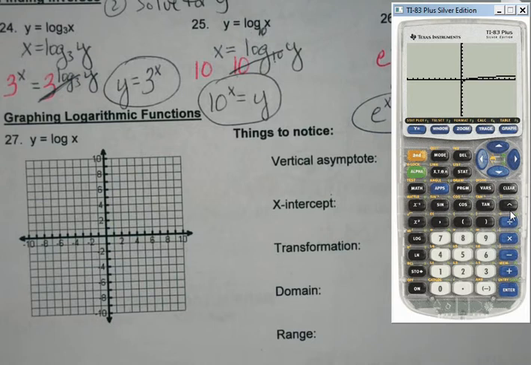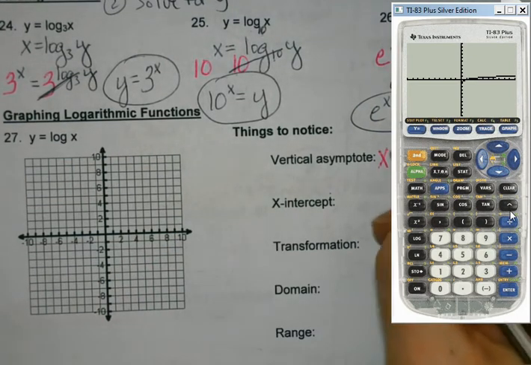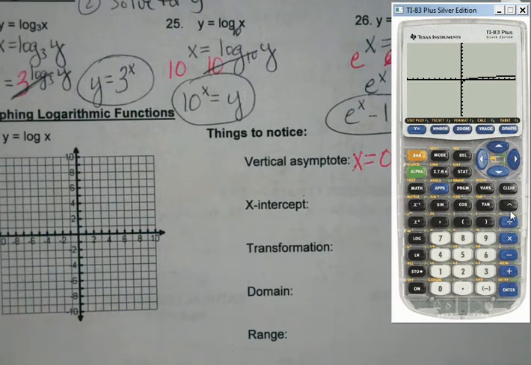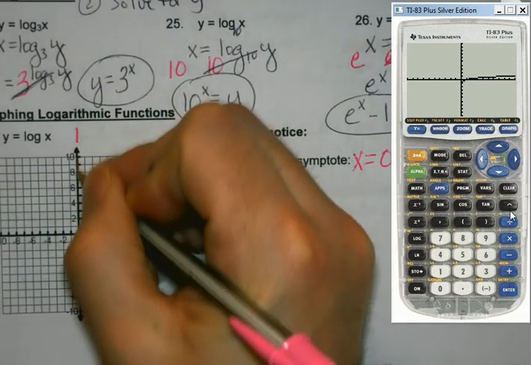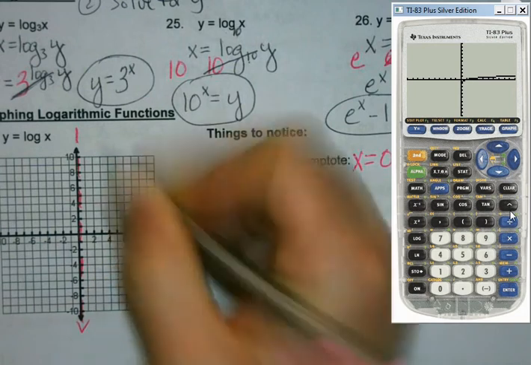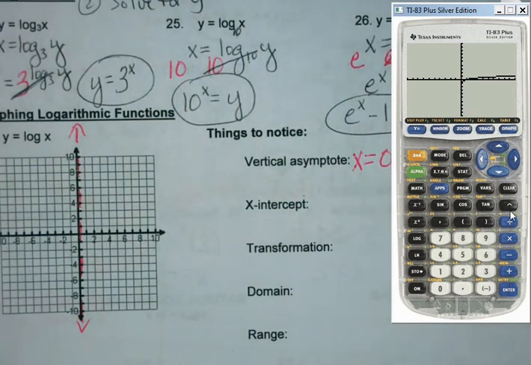Now, this one, even though I can't see it, is going to hug the y-axis, which is going to give me what's called a vertical asymptote. So, on this particular one, my vertical asymptote is going to be where x equals 0. There's this imaginary line going along here, and sometimes I draw it just to remind myself. My graph can't go through there. That's the do not cross line.